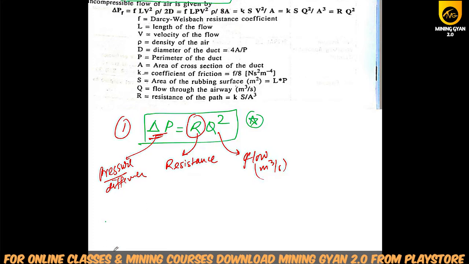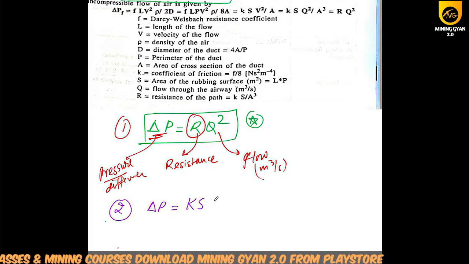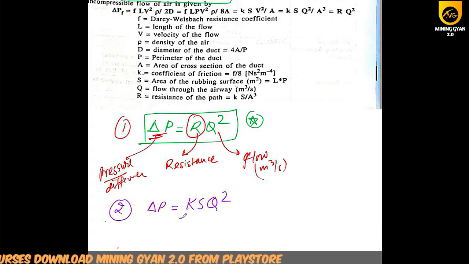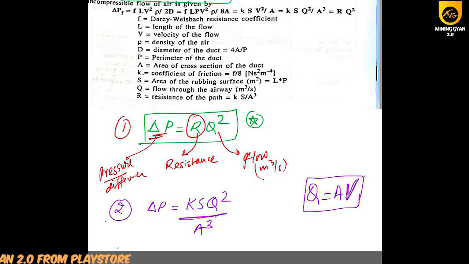Second formula, you have to know about it. Delta P equals K S Q square divided by A cubed. And as you know, Q equals A V, where A means area and V is the velocity of flow.